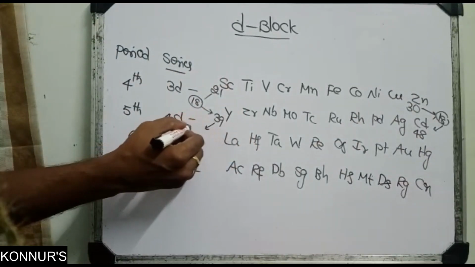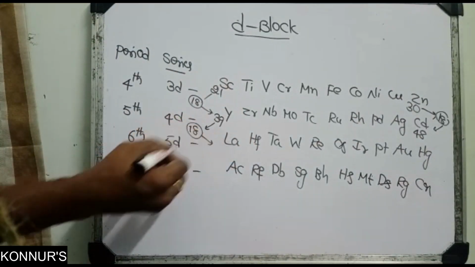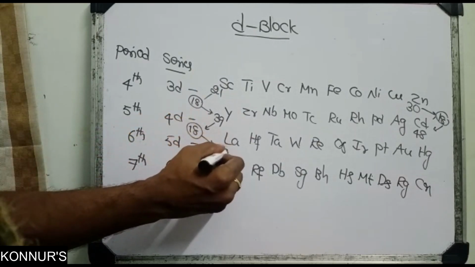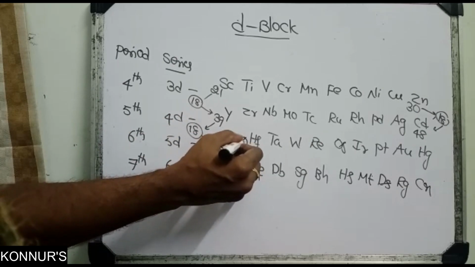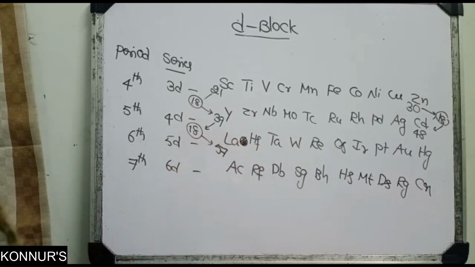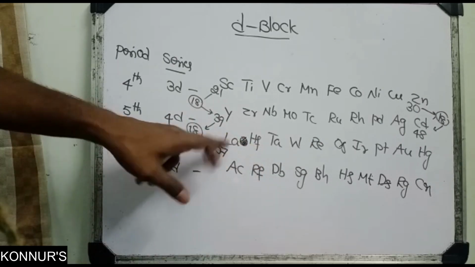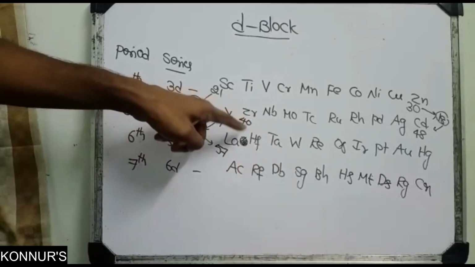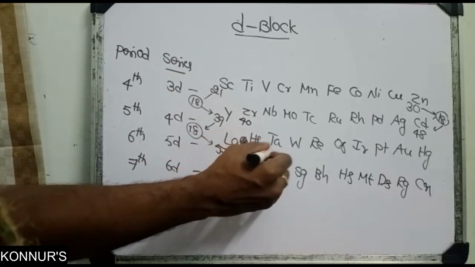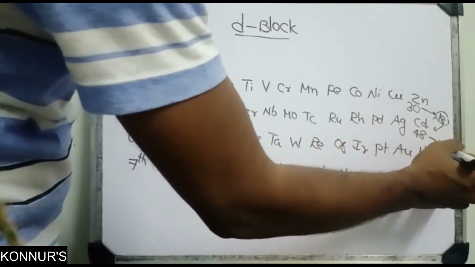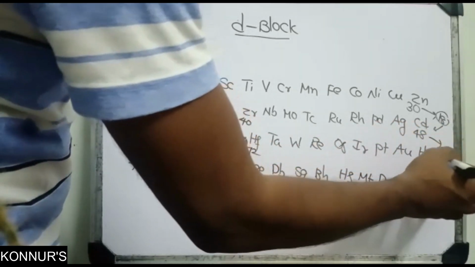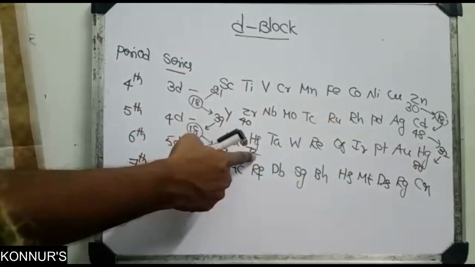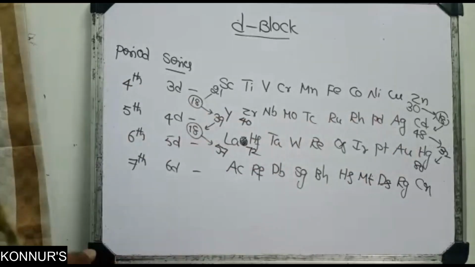Next, again added with 18, that means 57. Here, 14 lanthanides are there, so 57 plus 14, after that it is coming. So here you add 32, so 72. Next, you add 32, that means 80.